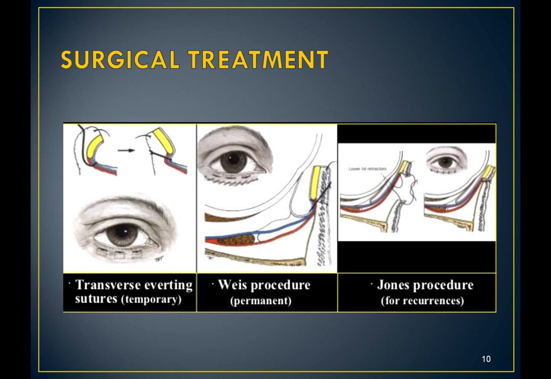However, in a very few patients, there still is recurrence, and in those patients we do Jones procedure. Jones procedure is shown in the right portion of this picture. It is actually extension of the Weiss procedure.